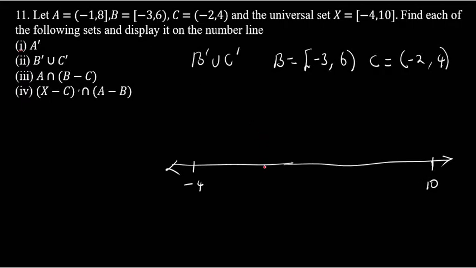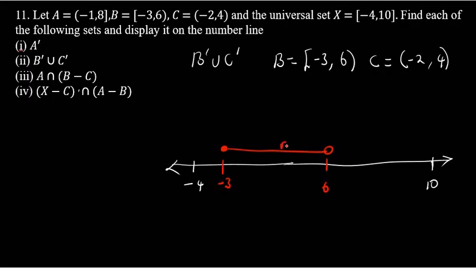Now let's write B. What is B? B is -3 to what? To 6, right? So -3 is included in B, but 6 is not included.